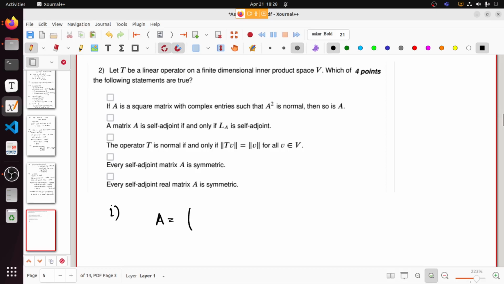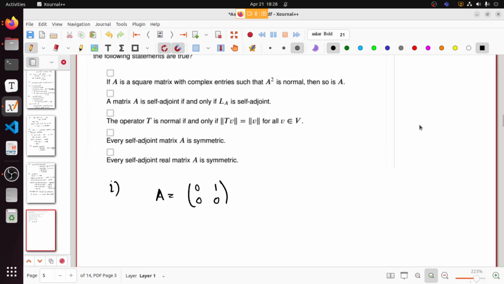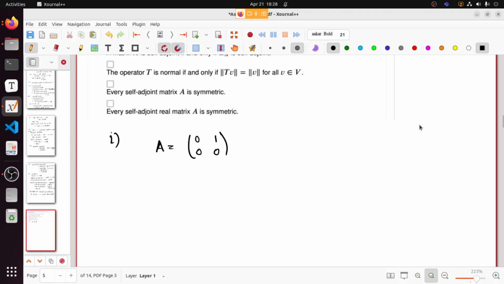A equals 0, 1, 0, 0. So is this a normal matrix? Let's check what A star will be. A star will be 0, 0, 1, 0, right? Then what will A A star be? It will be 1, 0, 0, 0.